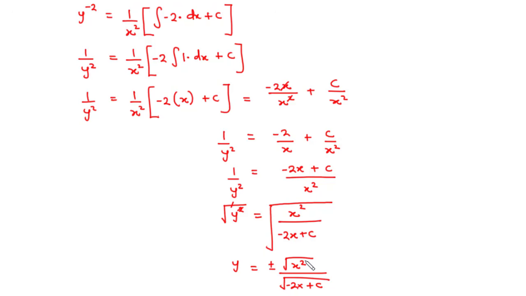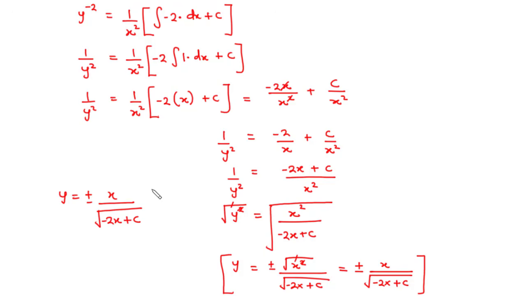Now you have the square cancelling the square root, so this finally becomes plus or minus x divided by the square root of negative 2x plus c. So this is said to be the general solution of the differential equation, that is y equals plus or minus x over the square root of negative 2x plus c.